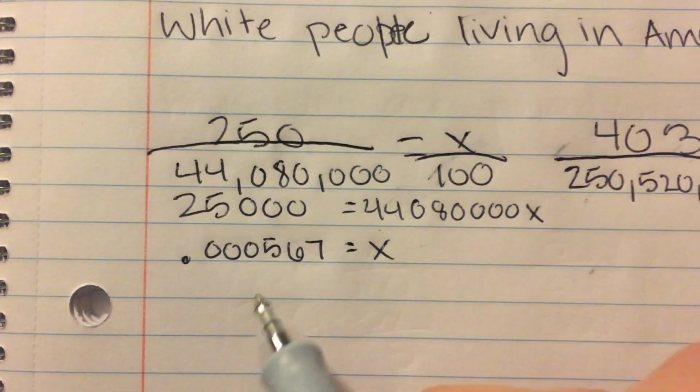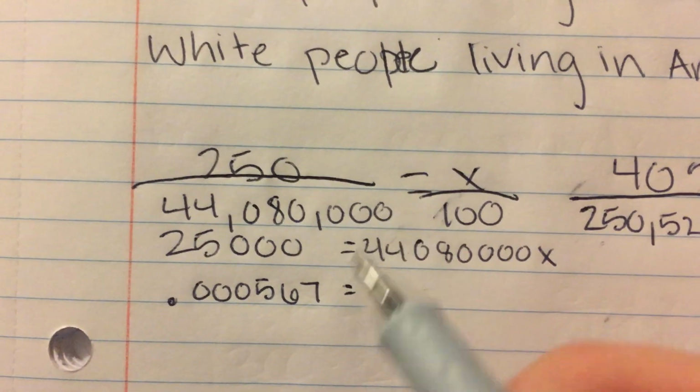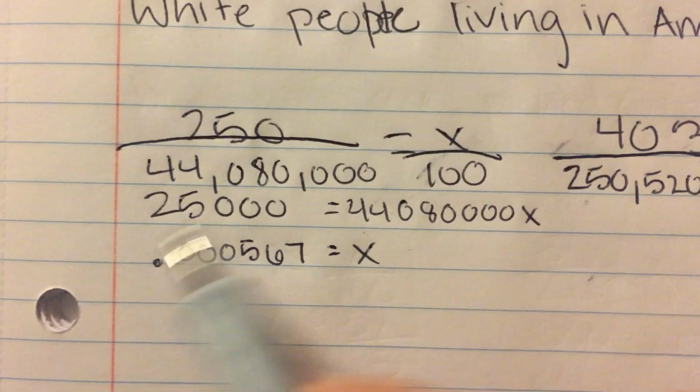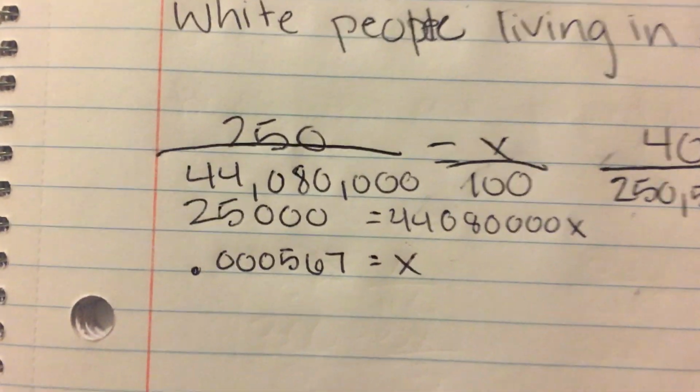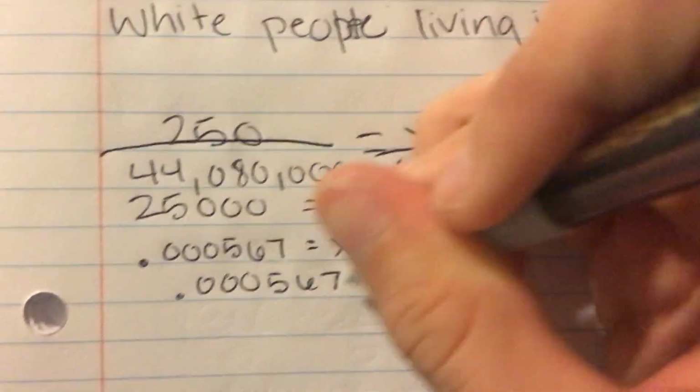That is the percent chance that any black person living in America has to be killed by police. That's a pretty low number, right? So 0.000567%.